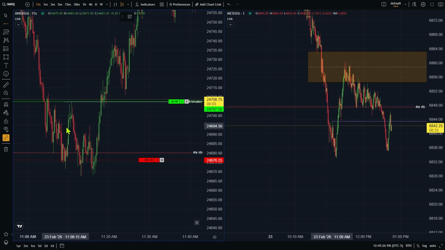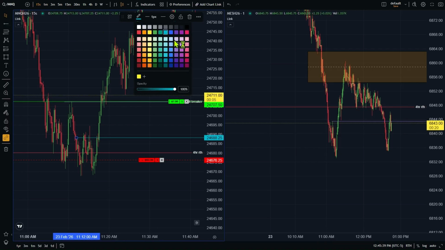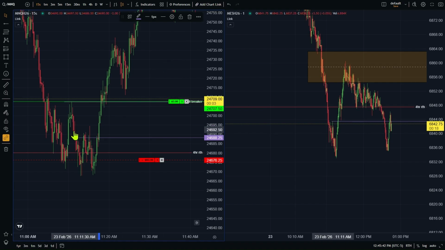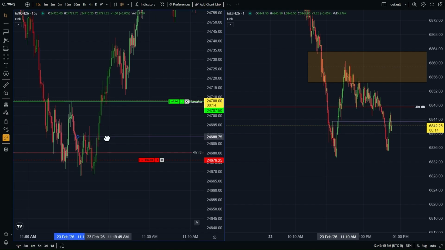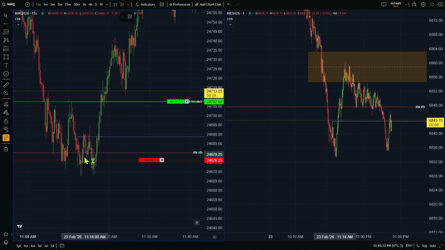Wouldn't that be crazy if we just went and touched it to the tick? Right there. We got a little lower. But if you look at the whole thing, I think we respected the lower portion of it. The lower portion is at 72, and we did respect it.